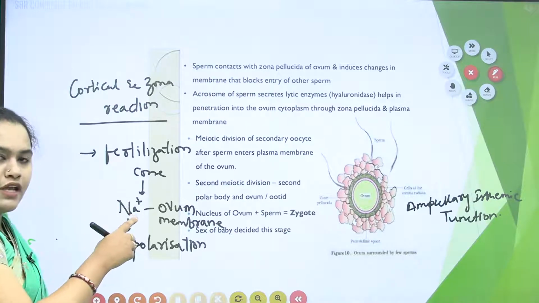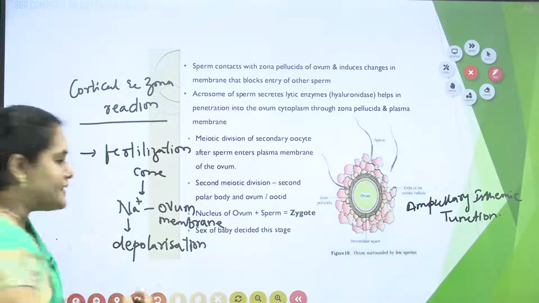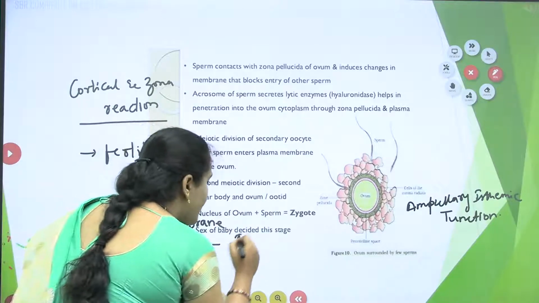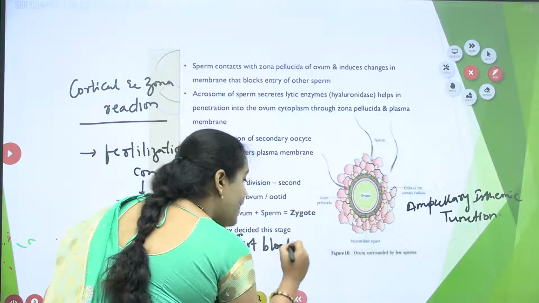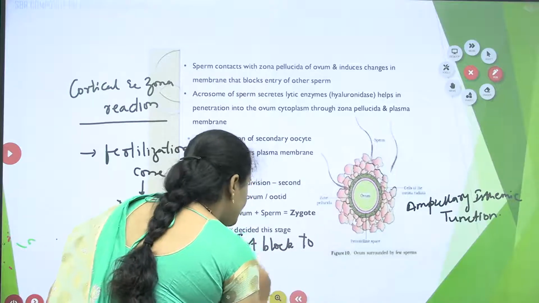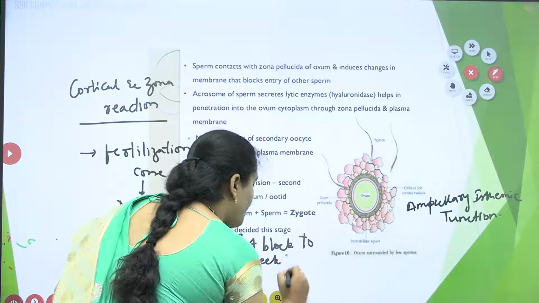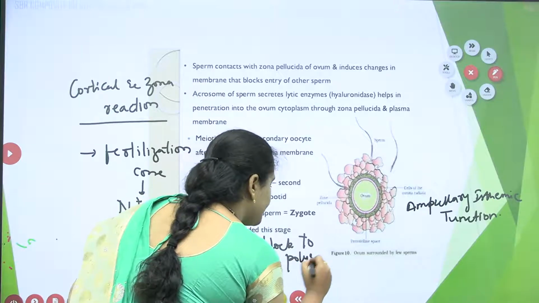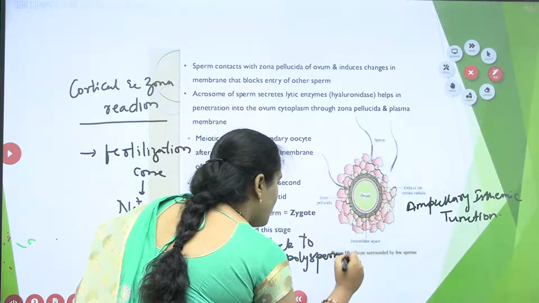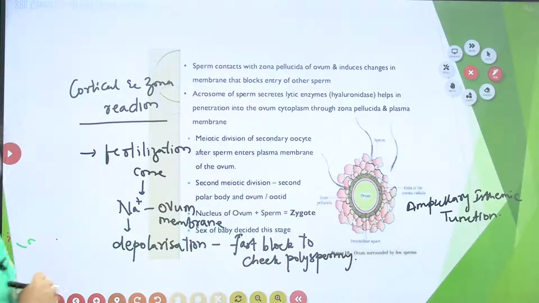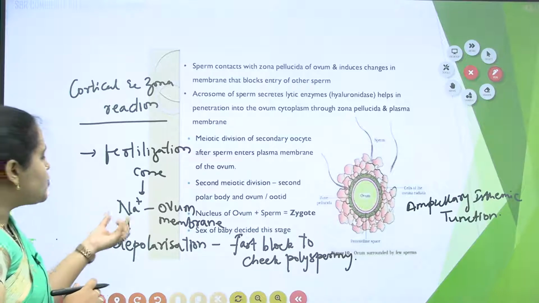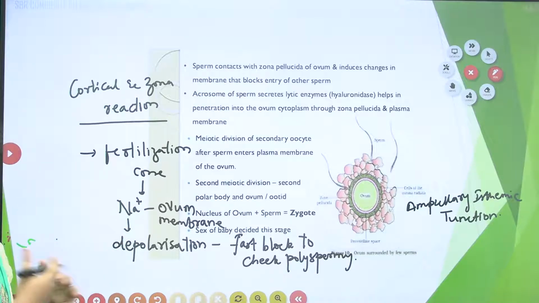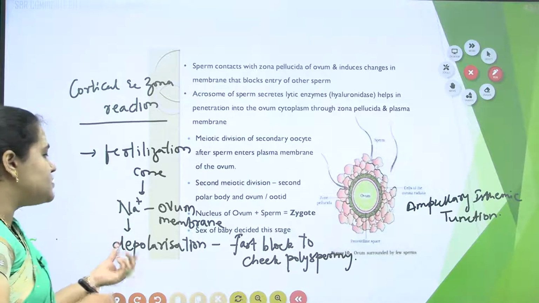This depolarization further causes the fast block to check polyspermy. As soon as the fertilization cone gets formed, the sodium ions enter the ova membrane, which in turn causes depolarization.